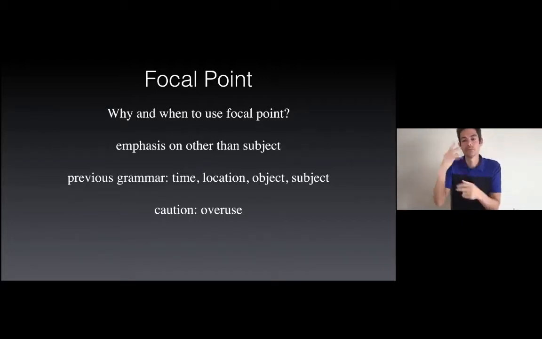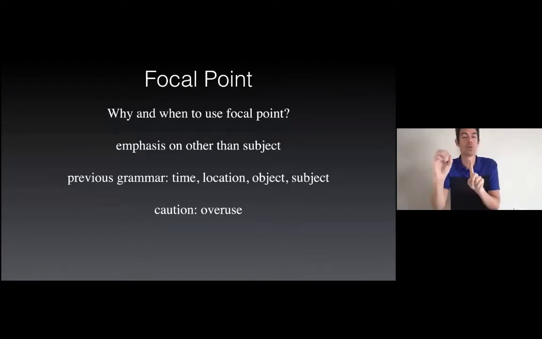And so previously in grammar, I've seen this taught where you have 4 different categories: time, location, object, and subject. I want to expand a little bit on object and subject and what the difference is between the two. So your subject is your main point of, it's either person or thing, and it's reacting to an object.